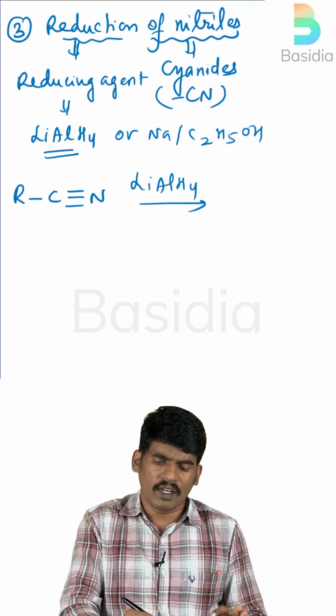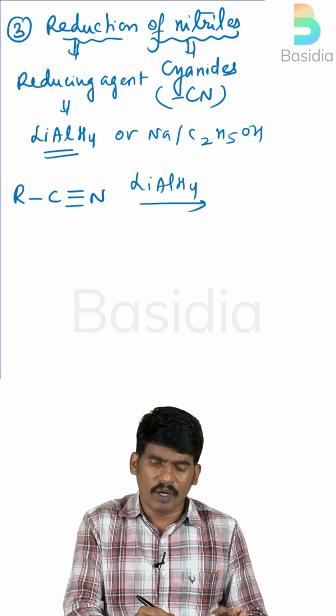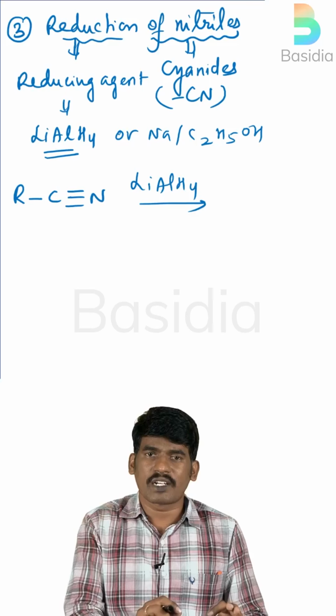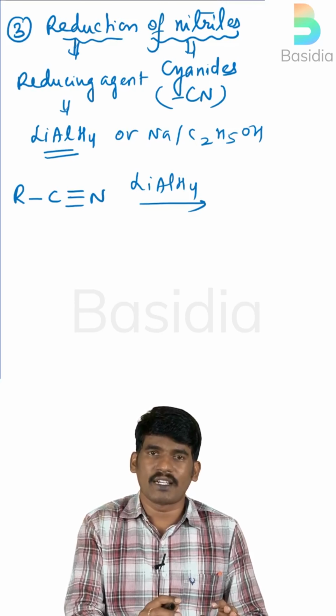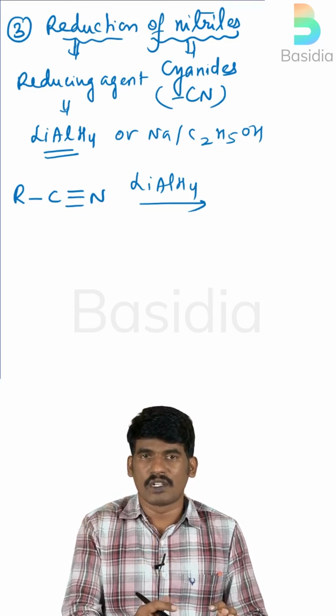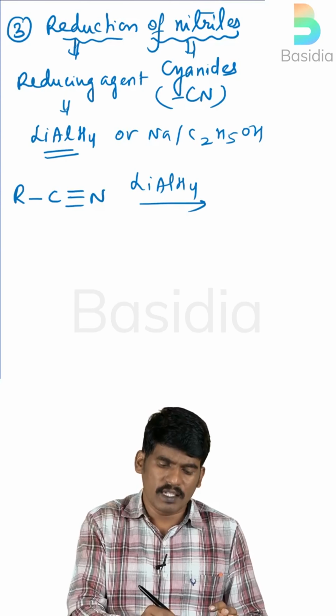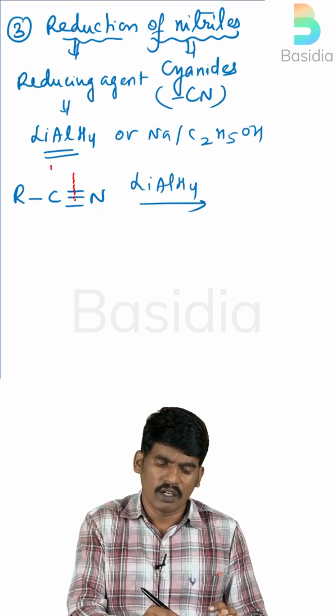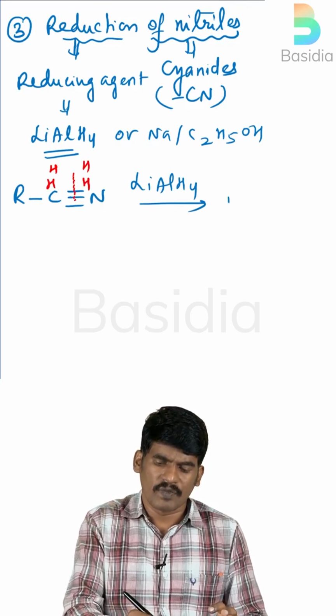So what will happen initially: this triple bond is subjected to breaking. It breaks and adds 4 nascent hydrogens, so for one bond, 2 nascent hydrogens. For 2 bonds, that is a double bond, total 4 nascent hydrogens. That gives you RCH2NH2.